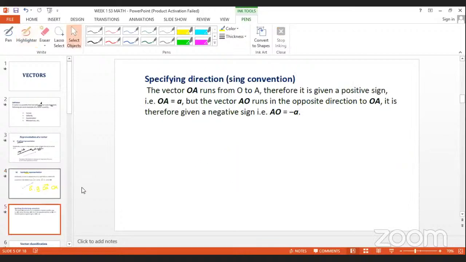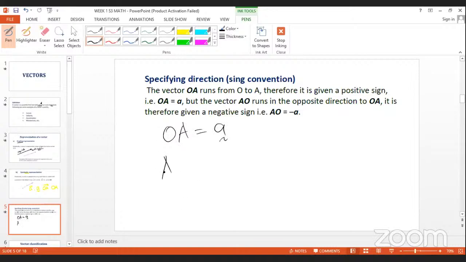Then we also went ahead and looked at directions. We said the direction of a vector, once it is in the direction of the arrow, it's always positive. But when you come back the opposite side, it becomes a negative. For example, you can say vector OA is equal to maybe this.